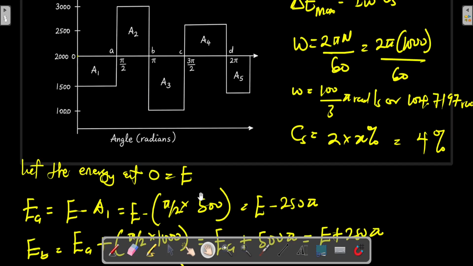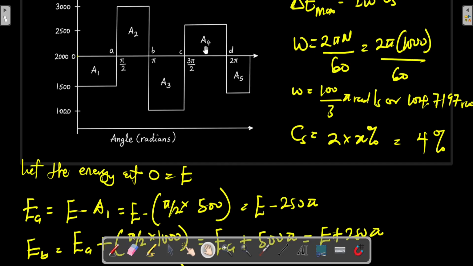Now energy at D will be energy at C plus this fluctuation. This is a positive fluctuation. That's the reason why I said plus. So energy at C plus this energy fluctuation, and it is actually the area of this particular rectangle.